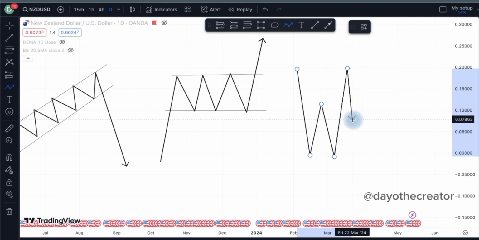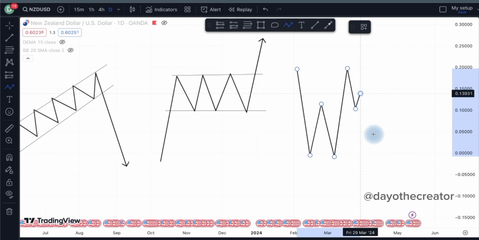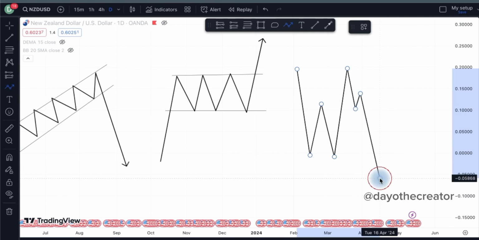Since you're expecting the market to go from the neckline, some people might decide to take their buys from here. When it reaches the neckline, the market may just decide to induce them, come here and then go to the downside.